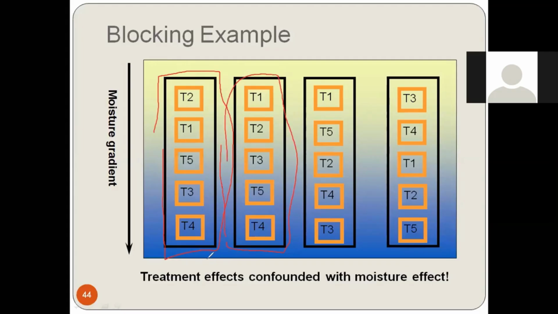Can you tell me whether this way of blocking is correct or wrong? Tell me whether these units are homogeneous in terms of moisture. No. For example, there's a moisture gradient, so this way of blocking is not a good thing. Why?